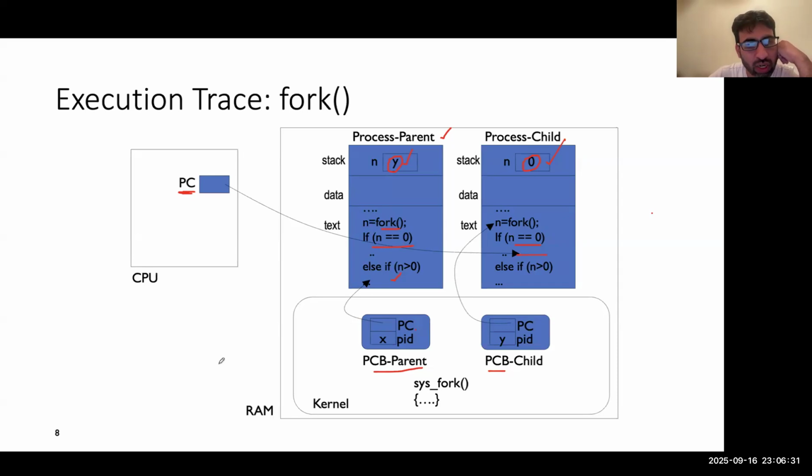The point I'm trying to highlight is that the address space of the child is a duplicate of the address space of the parent. If by pointing to the same stack you mean are they pointing to the same location of execution when the child is created, yes, both have the same value of program counter.